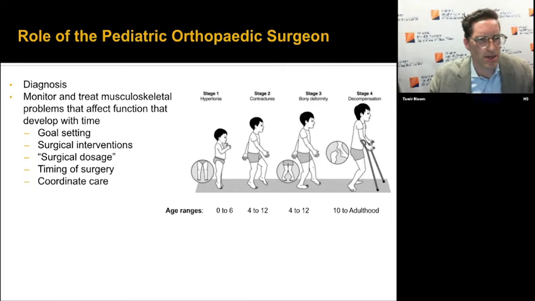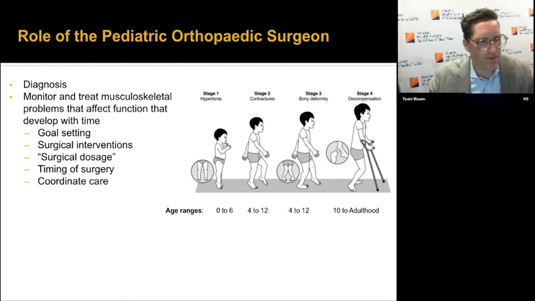By this I mean that there are, for example, half a dozen different ways to lengthen the gastrosoleus muscle. Some are more powerful than others, and they all have different pros and cons. So deciding how much to lengthen is an important decision that we need to make, as well as coordinating care.